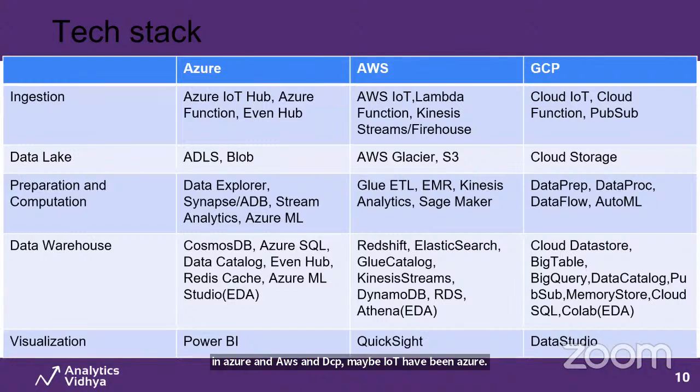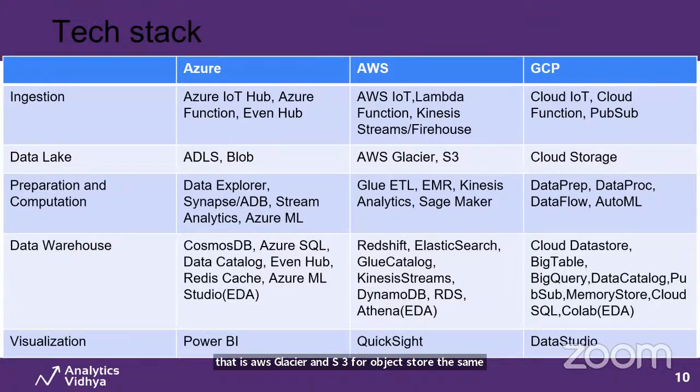In the same way, for data lake, you can use Azure Data Lake service or the blob storage for your object stores, and the alternative for that in AWS is AWS Glacier and S3 for object store. In the same way, GCP has Cloud Storage.